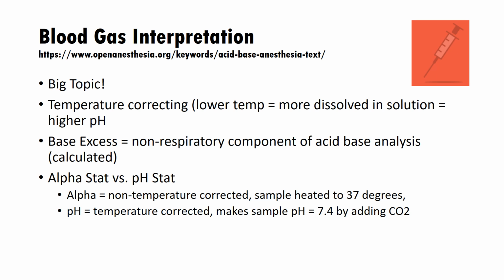You can see increased cerebral blood flow, increased rates of embolic disease and things like that. pH stat is a method that's commonly used in pediatrics, but the common testing points about alpha stat are that it's non-temperature corrected and you heat the sample to 37 degrees. Again, please go take a peek at that Open Anesthesia blurb.